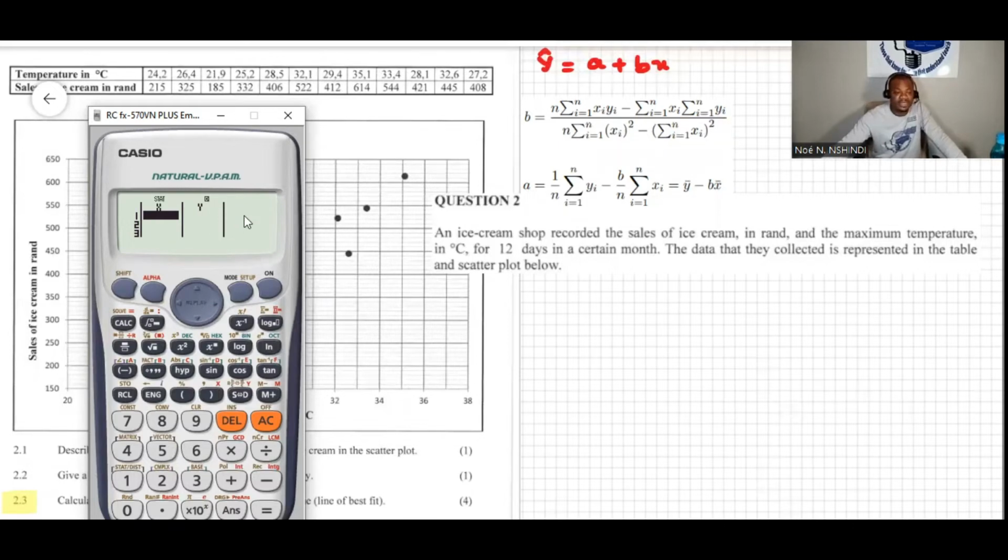Now let's see, I'll start entering the values. For x here, I enter the value 24.2, and then I have to press enter, okay? I hit the enter button.